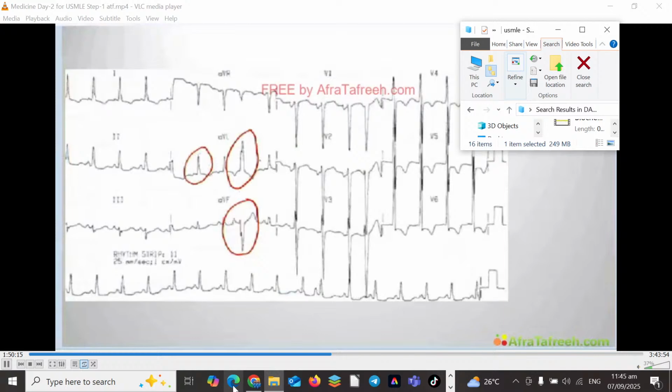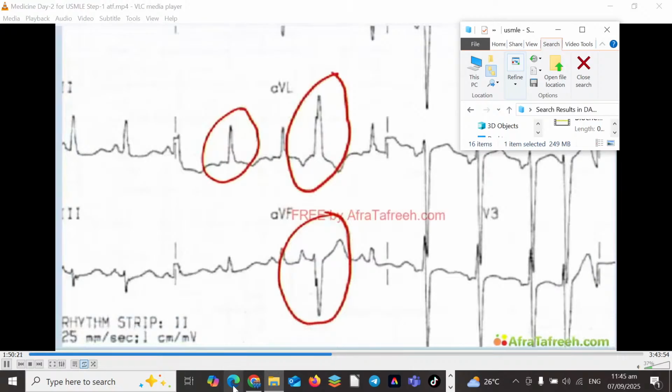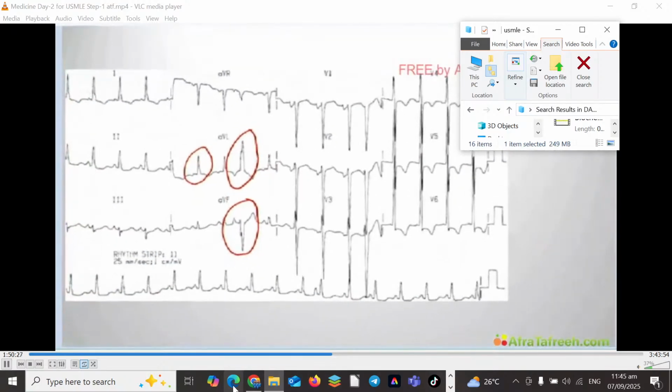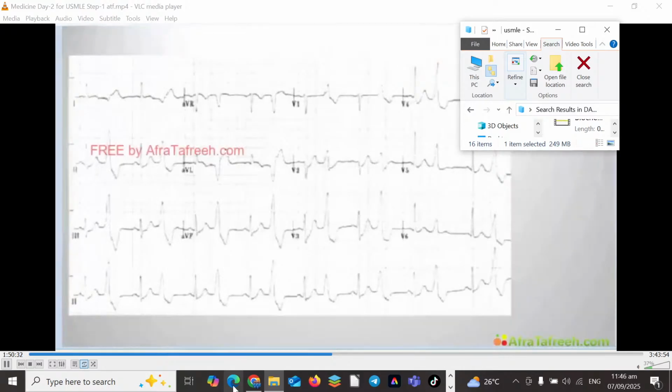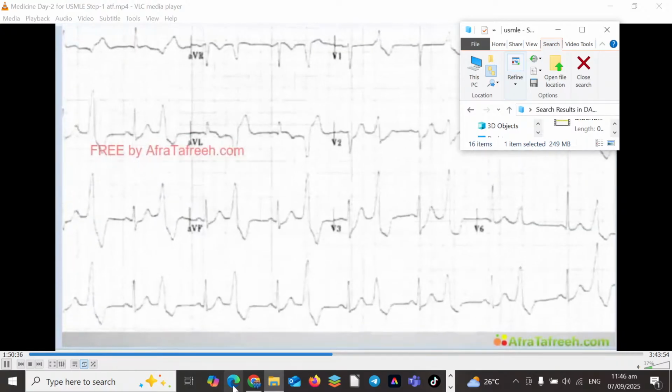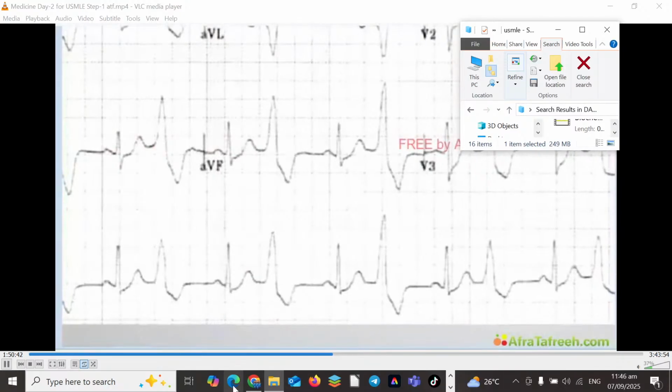This is a premature ventricular contraction. Look at this EKG. Notice the difference between the alternating QRS complexes. This is a classical example of a narrow complex versus a wide complex QRS.